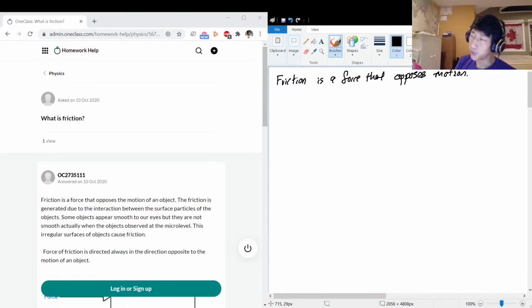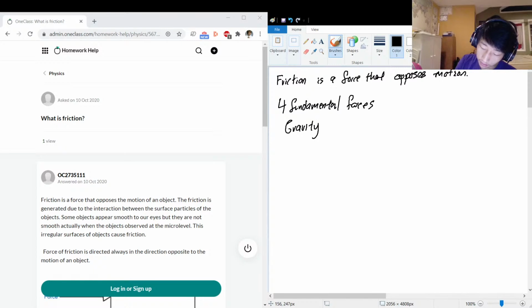If you really zoom in, you'll see, well, in physics there are 4 fundamental forces. The first, we have gravity, which is probably a force. I'm not saying that because I don't know. I'm saying that because the scientific community doesn't really know if gravity is a force or not.